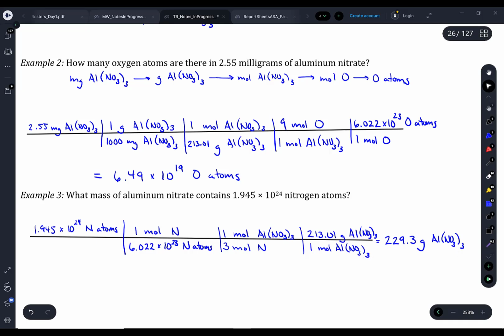And then doing this gave me the correct answer. Now, when I did this in the calculator, I typed in 19.45 divided by 6.022. Why did I do that instead of like this as written? To save me some time, 10 to the 24 over 10 to the 23 is just 10, right?